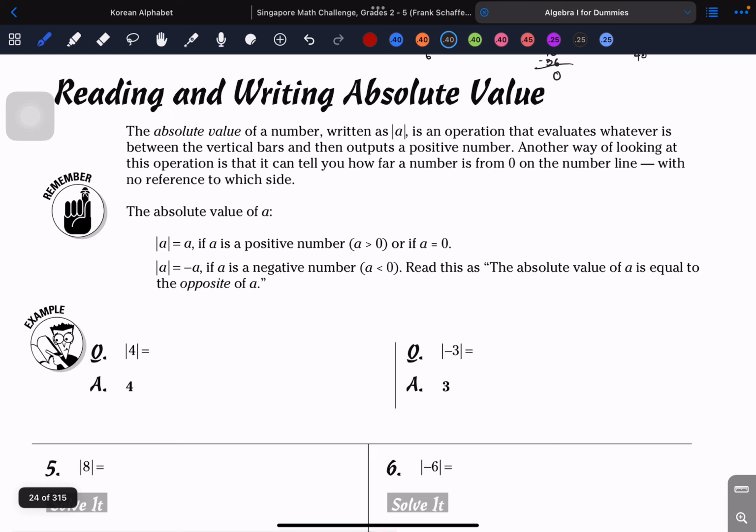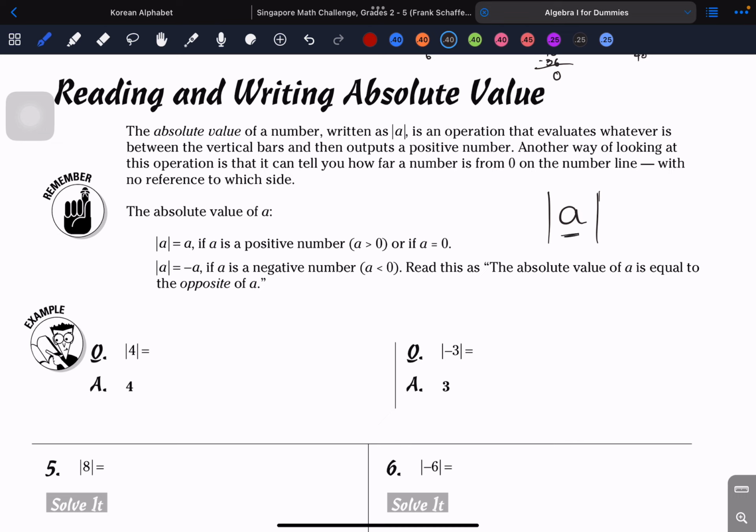Pagbasa at pagsulat ng absolute value. Kapag nagsusulat ka ng kahit na anong absolute value ng isang number ay ito lang yung symbol niya. May dalawang linya pababa, tapos sa loob ng dalawang linya na pababa, nandoon ang iyong numero.